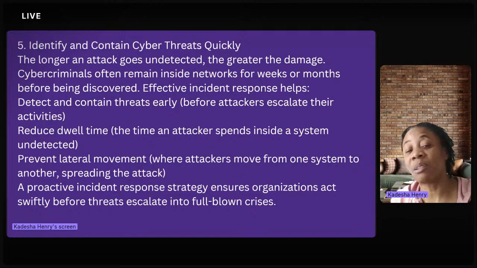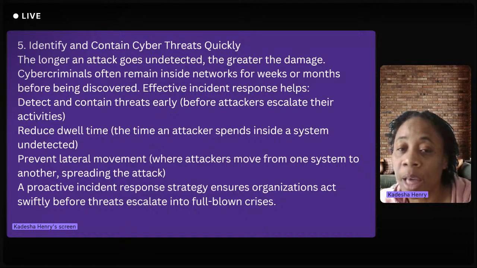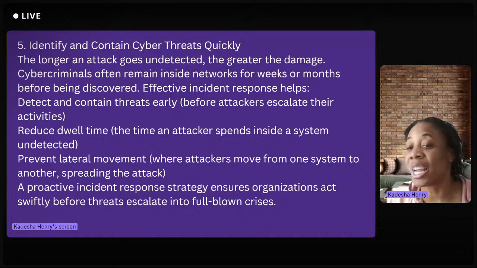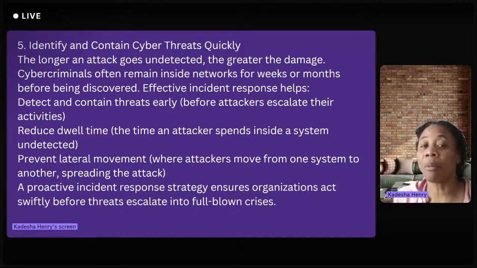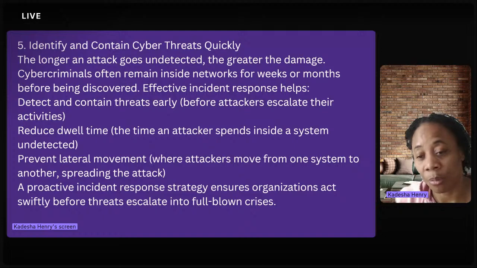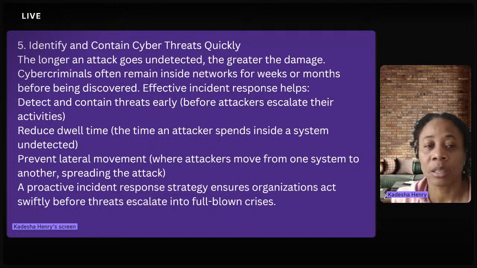Because many times an attack can go undetected, and the damage gets greater. When cyber criminals come onto your system, many times they are there undetected. You don't even know, right? For months before being discovered.